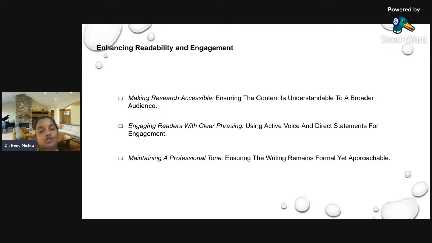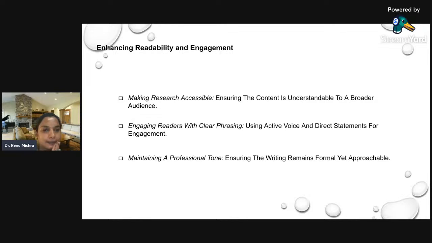Exactly. So, our research should be more and more readable, more and more engaging, more and more approachable by people. Having said that, I am not saying it should be casual. I am not saying you casually write your research paper.